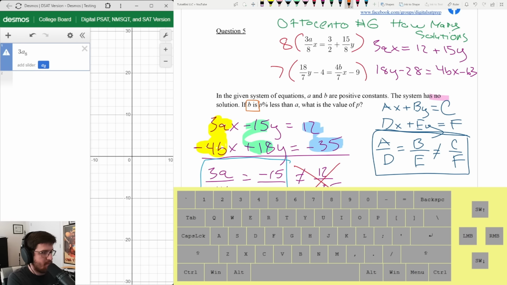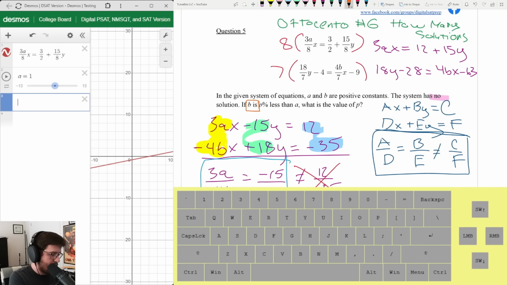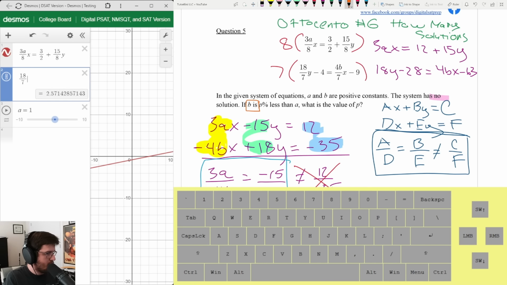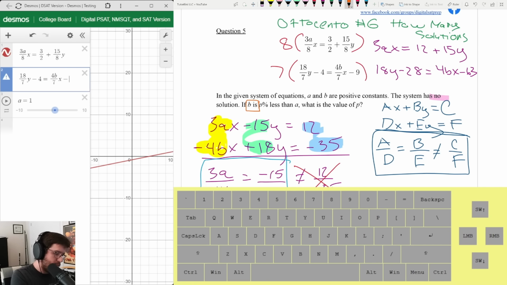Oops, doing this wrong. 3a slash 8x equals 3 halves plus 15 8y. And then 18 sevenths y minus 4 equals 4b over 7x minus 9.